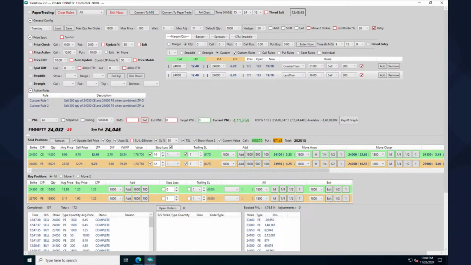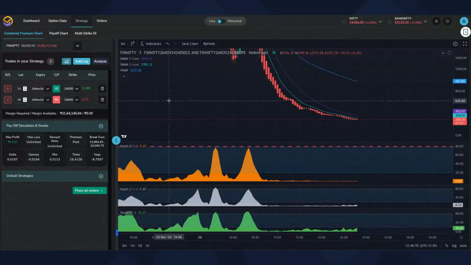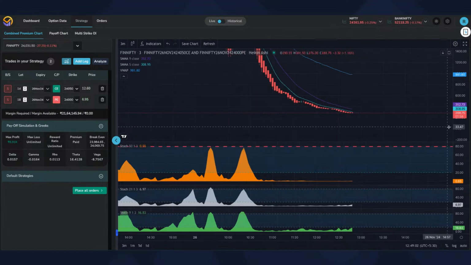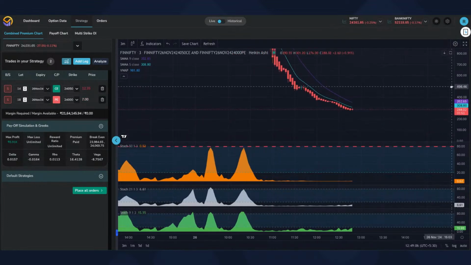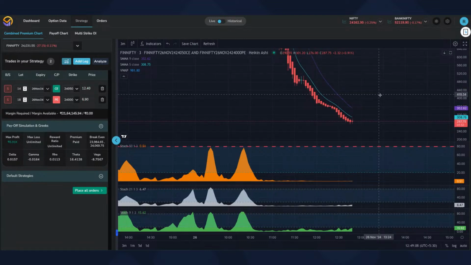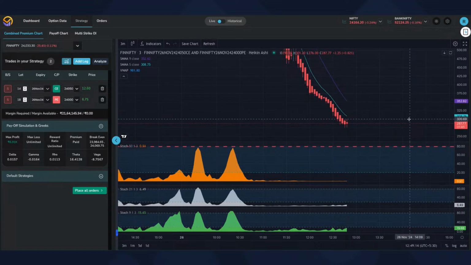Okay, so let me show the Insta options thing very quickly. All right. So here I put just 18 and 14. This is just to give a representation. And right now what is happening, there is no green as such, and still I think this is kind of a doji candle, which could be decided, but let's wait for some time.